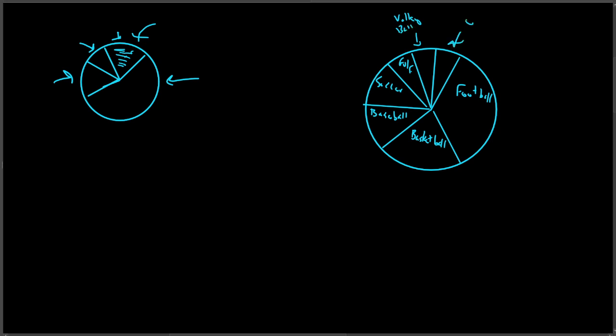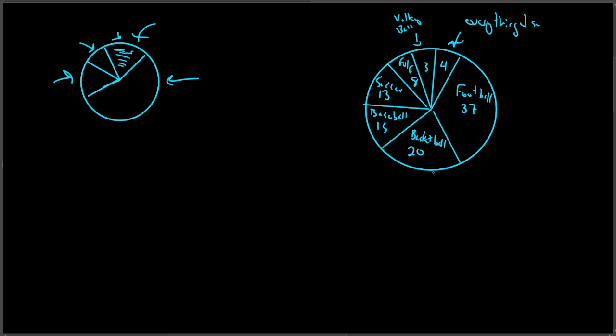And this is everything else. And if we look at the data, there's 37 people that prefer or play football. I think this is high school data. 20 play basketball, 15 play baseball, 13 play soccer, 8 play golf, 3 play volleyball, and 4 play other.